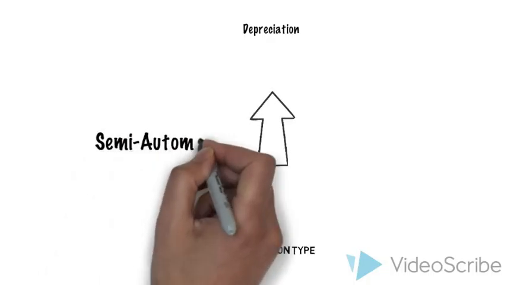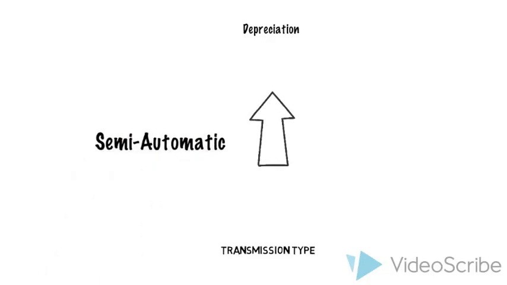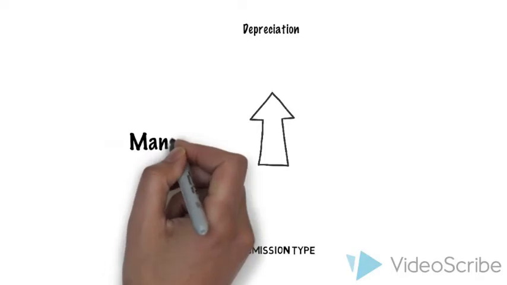Automatic and semi-automatic transmissions have a higher depreciation than the manual transmission cars. This is because manual transmission provides higher miles per gallon. Added to this, there is a negative correlation between miles per gallon and depreciation. So as miles per gallon increases, depreciation decreases.